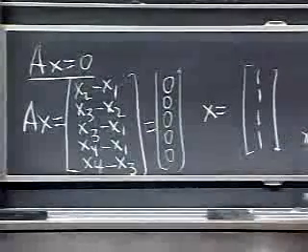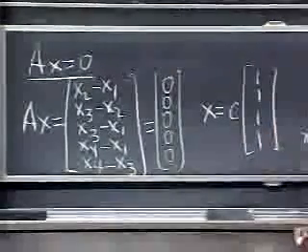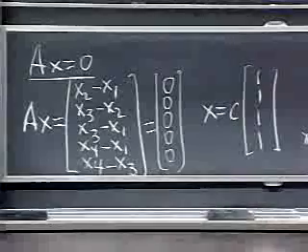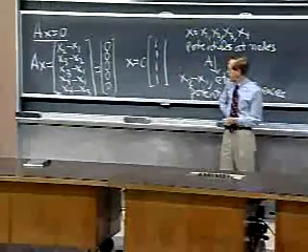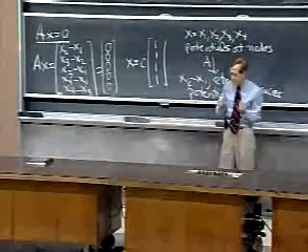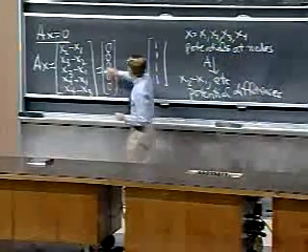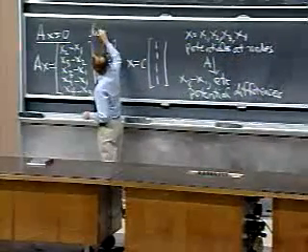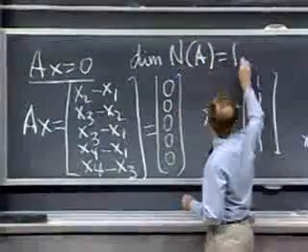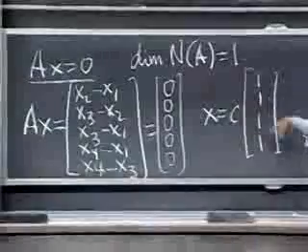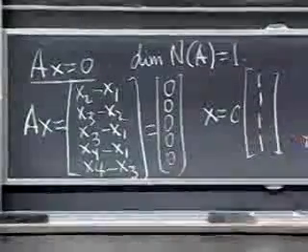So there's a basis for it, and here's the whole null space. Any multiple of 1, 1, 1, 1, it's the whole line in 4-dimensional space. Do you see that that's the null space? So the dimension of the null space of A is 1. And there's a basis for it, and there's everything that's in it.